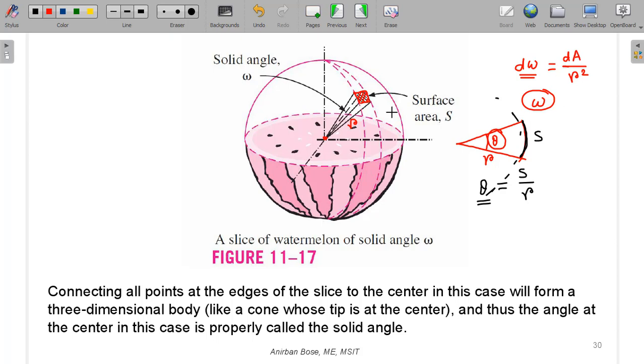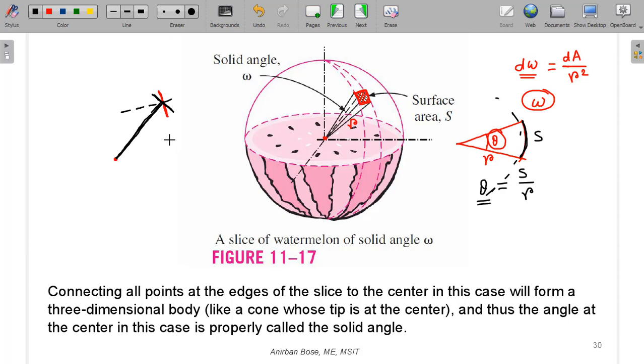But you have to remember, when you are considering that area, it may not be a spherical cap like that. Suppose you want to find out, let us consider this is one point, and you want to find out the solid angle subtended by this area. In that case, from that point you just join this one. And you have to take the projected area, that means the area which is normal to that direction.